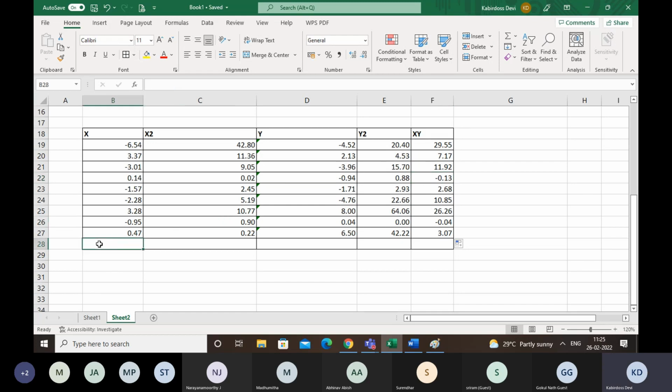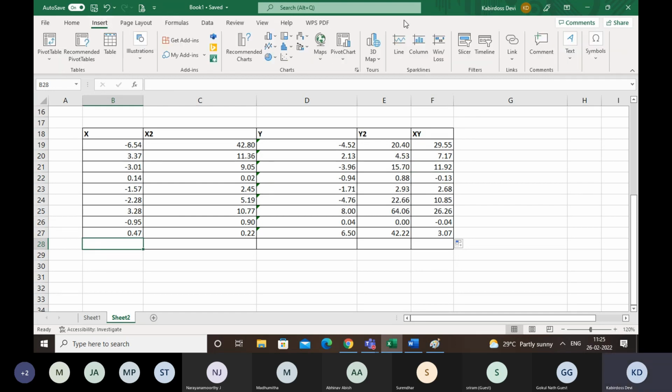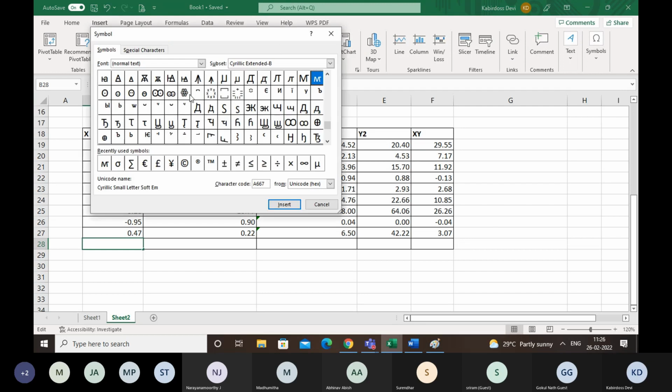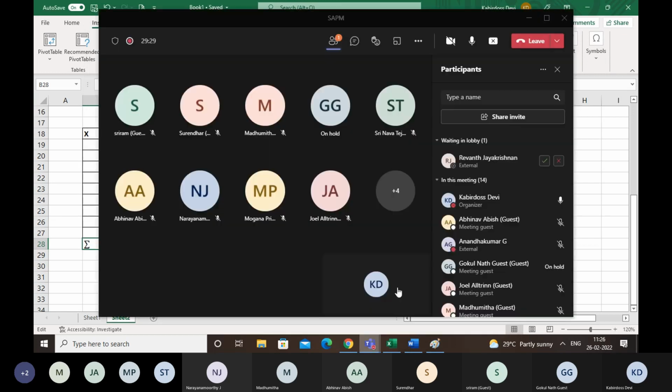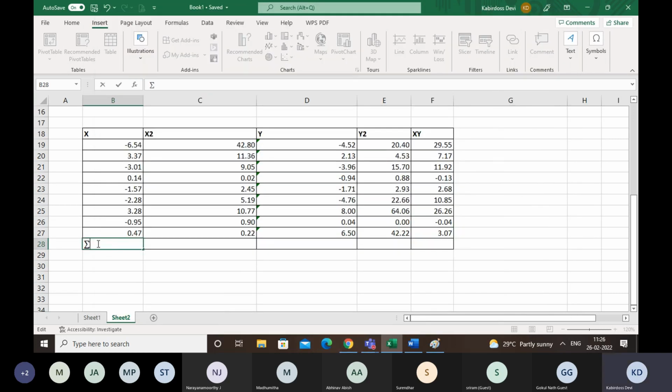Now I need to find the summations. So what I do, I put a summation symbol. Okay, so I copy that to everything.